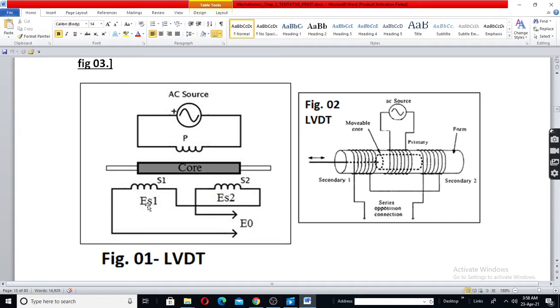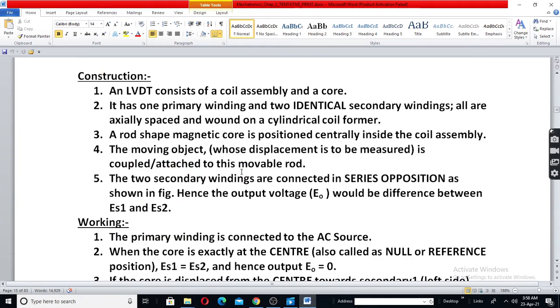Since ES1 is equal to ES2, you will get zero output here. In AC there is no positive, but the output will be in phase with the input. Now that is the perfect middle position, the reference position of the core.